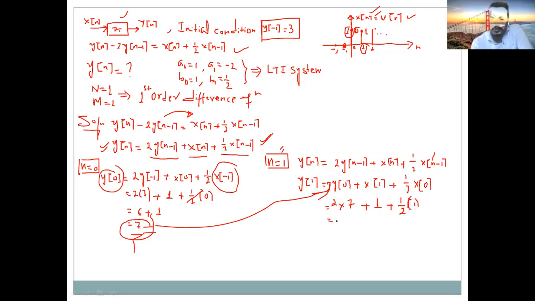So how much is this? 2 times 7, 14, plus 1, plus 0.5, right? 1 over 2 times 1 is 0.5. So how much is this? 15.5. This is the output of the system when n is equal to 1.